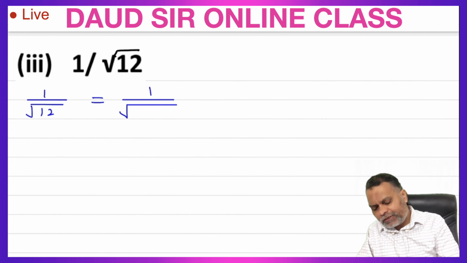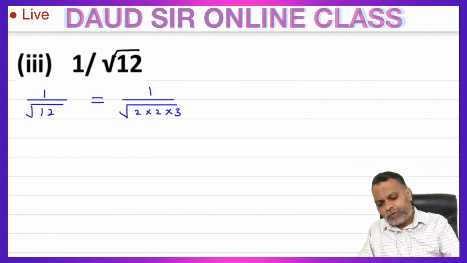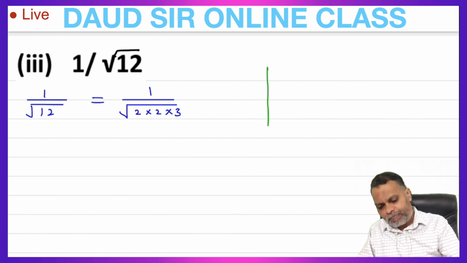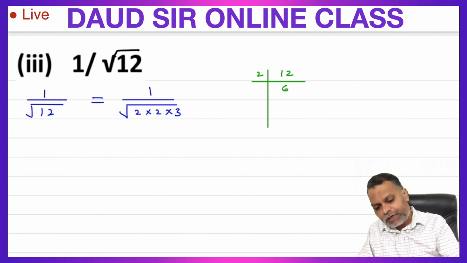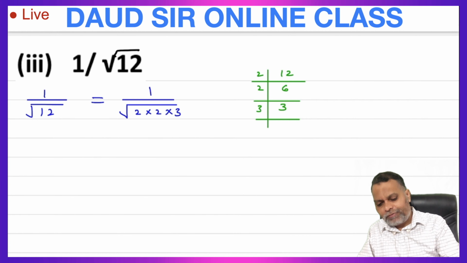Write the prime factors of 12: divide by 2, 2 sixes are 12, and again divide by 2, 2 threes are 6, and 3 is a prime number, 3 ones are 3.